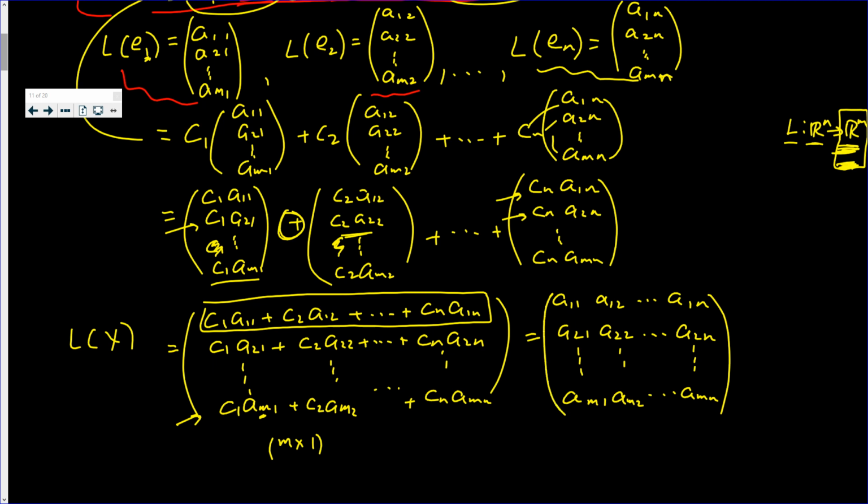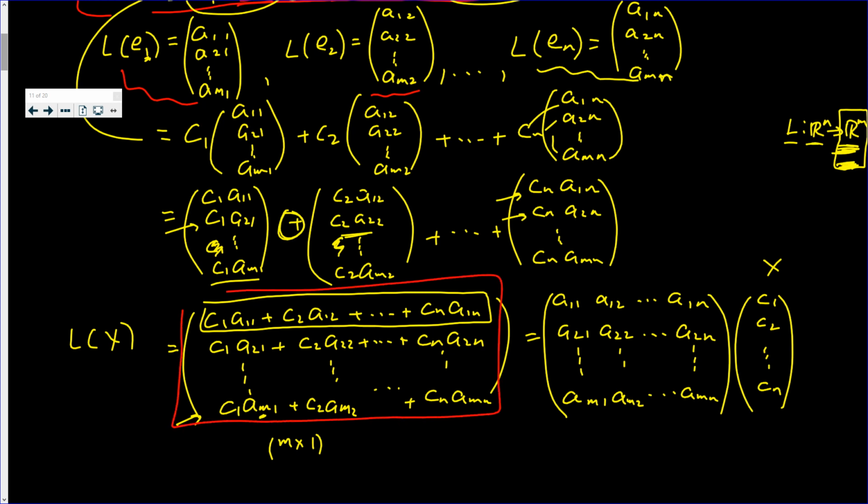Now, if you multiply this by x, that is C1, C2, all the way down to Cn, I maintain that you're going to get this. That is, this matrix is A, and there's our x.